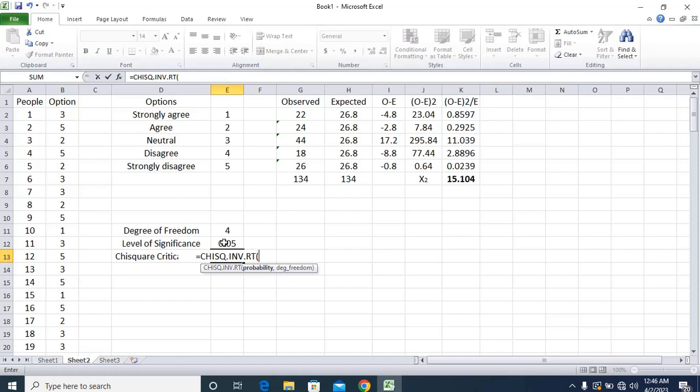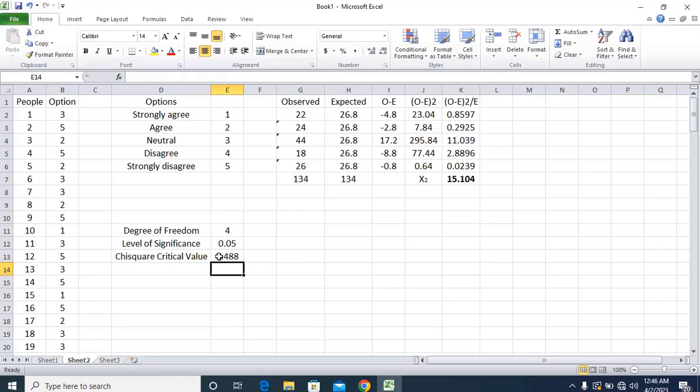We already have the probability, that is this one, and the degree of freedom, that is 4. Close the bracket and then press enter. This is 9.48. 9.48 is actually the chi-square critical value.